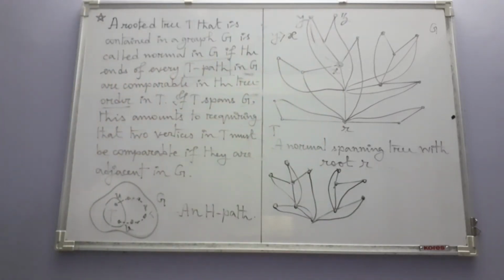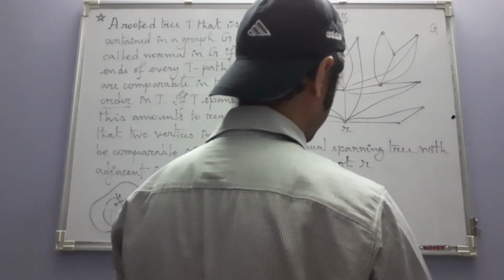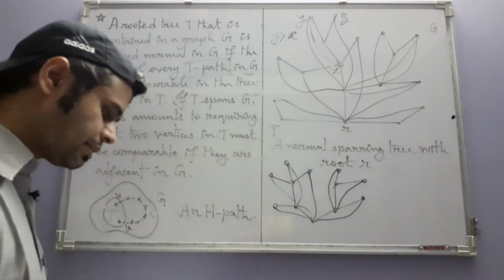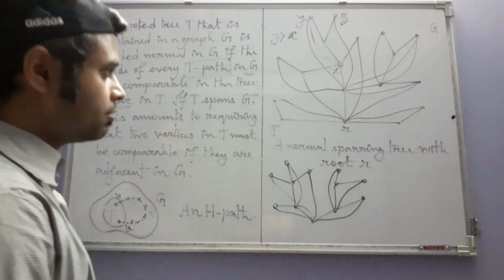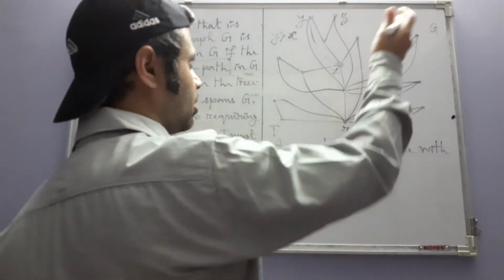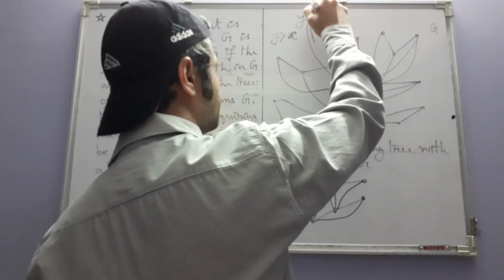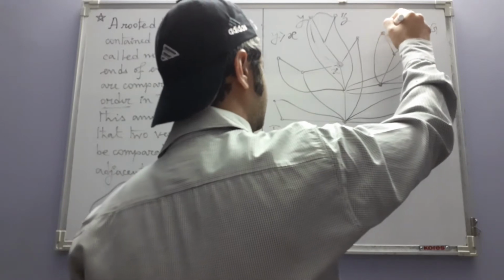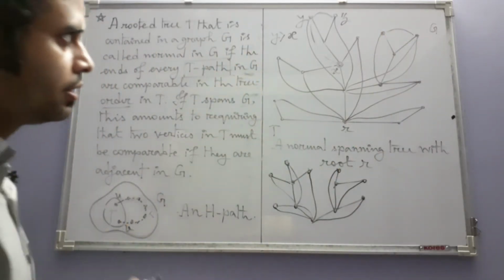Now if you want a concrete example, I don't think there is any need to consider another graph. You can make this tree not normal in a graph by again putting some extra edge like this between non-comparable vertices in the tree order.